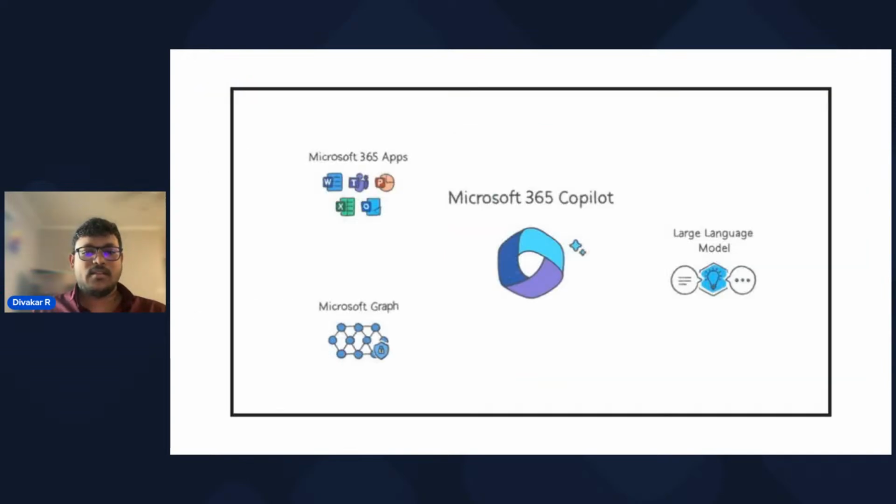Okay, so how does it work? The latest 2.0 is able to connect to all our Microsoft 365 apps. It is also able to store and analyze data, and it connects to the large language models.